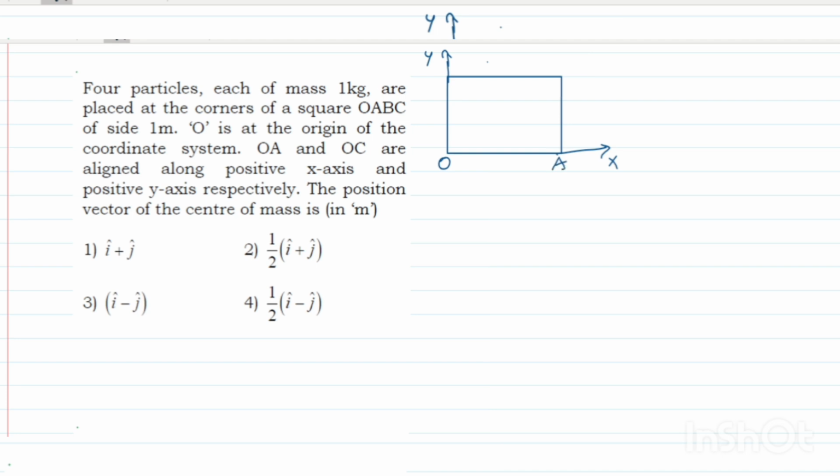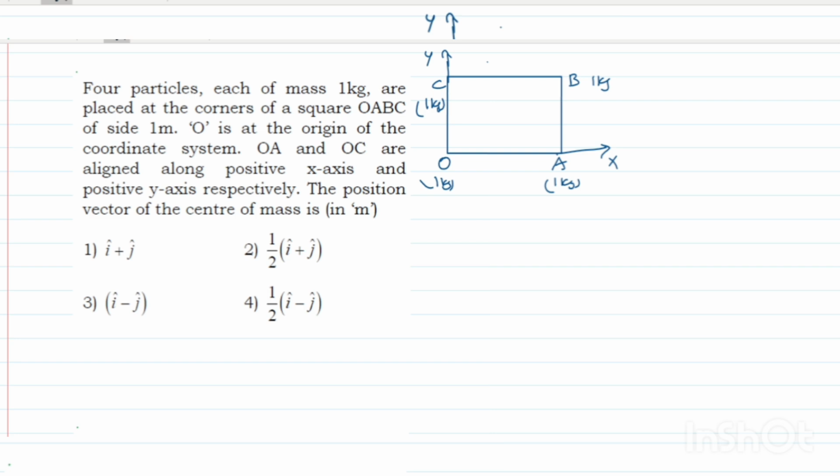This is OA, this is OC, and obviously this is point B. All the masses are given as 1 kg.